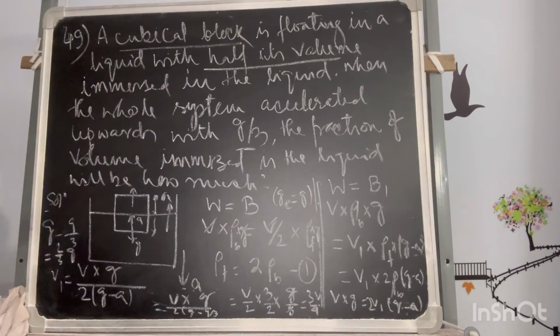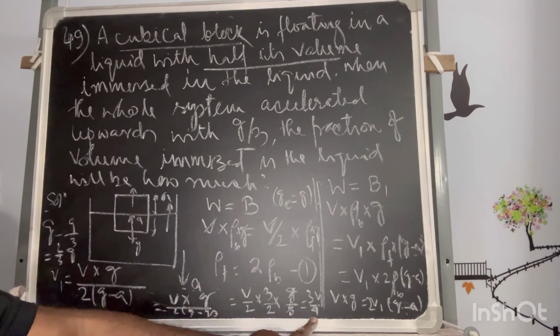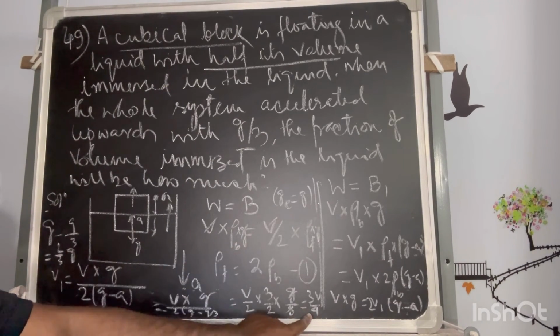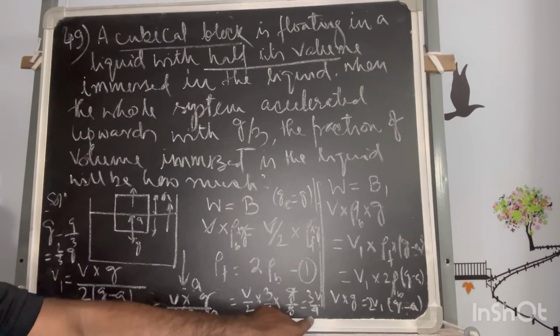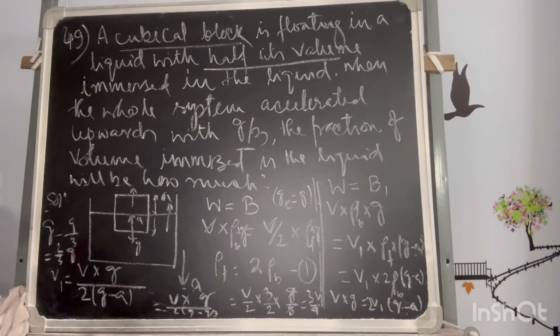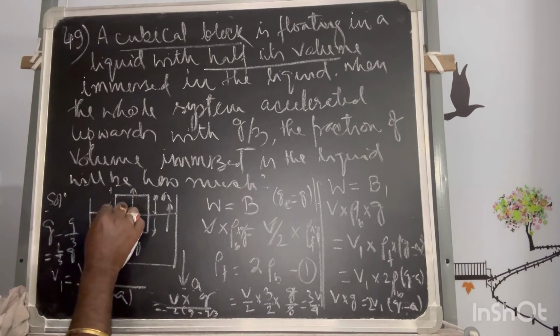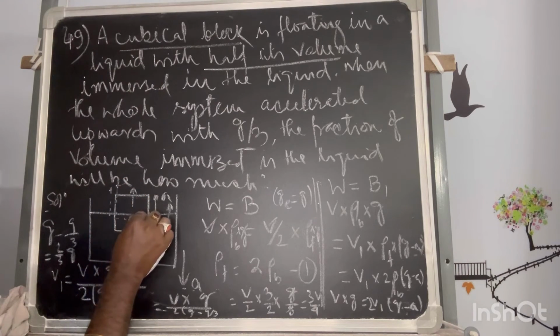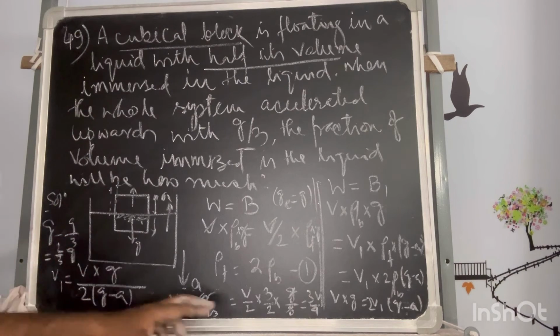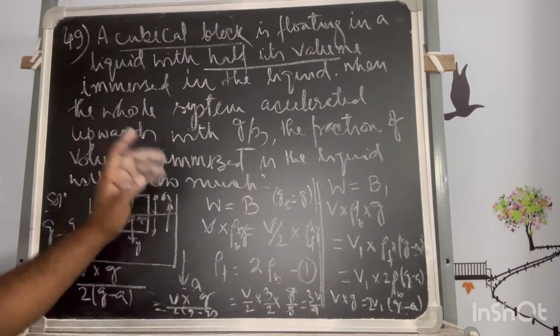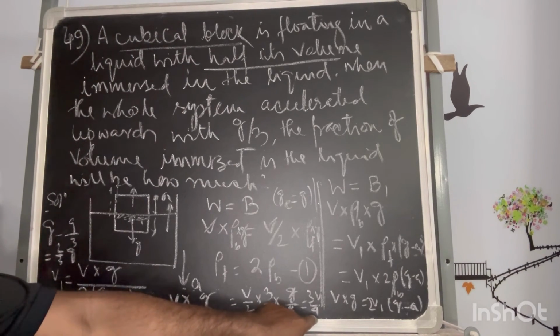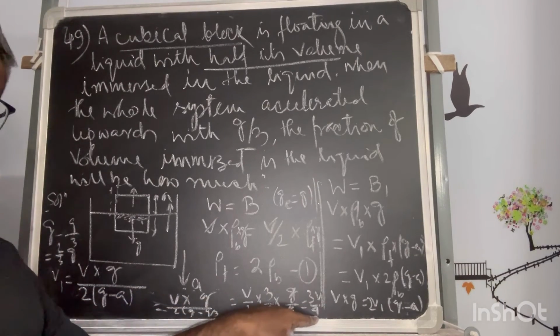Earlier it was V by 2, now it is 3V by 4. So that means the block will go up a bit. Okay, the volume submerged will change due to the acceleration, and the new volume will be 3V by 4.